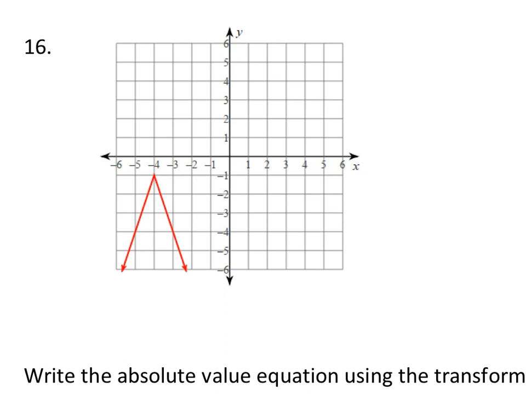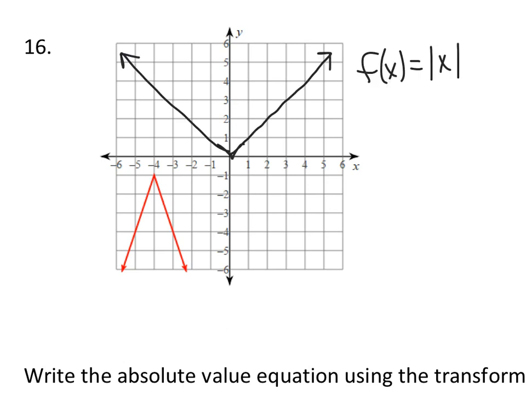And we can also sketch a graph of the parent function and then see how it's transformed into the new graph. All right, so I've graphed in the parent function f of x equals the absolute value of x, and really what I want to look at is where did the vertex go? Because that's going to tell me what my shifts are in my equation.